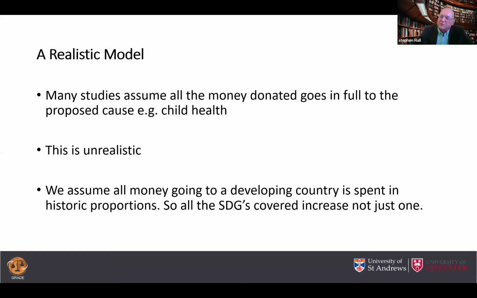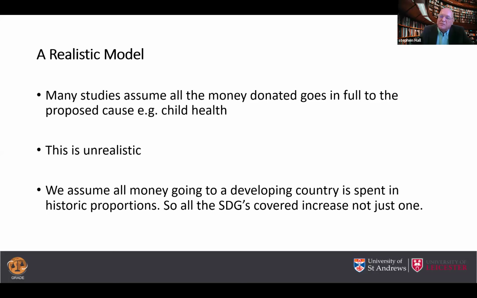Inside the grade, the assumption that we make is that when you give extra money in any form to a developing country, it's going to spend that money in the same proportions as it has historically. So we're not looking at one SDG improving as you get an increased amount of money coming into a country. We're looking at all the activities in that country improving.